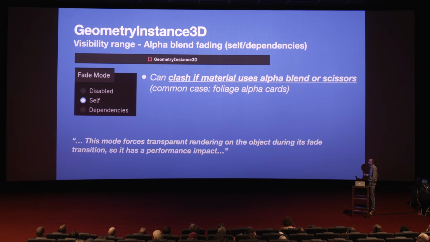Right off the bat, a real common case for using LOD is foliage, and a lot of foliage assets already use the alpha channel, so it will clash and look bad. How it looks bad differs between the assets and the materials used, but that's a bit of a gotcha. It doesn't matter that much, because this is hardly ever used.